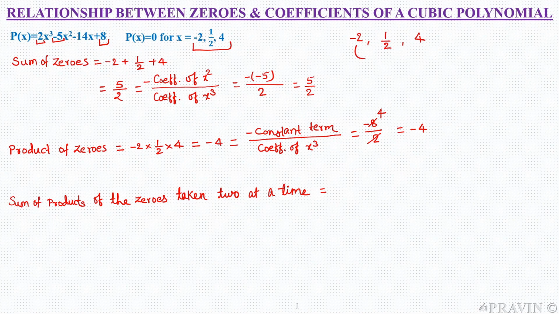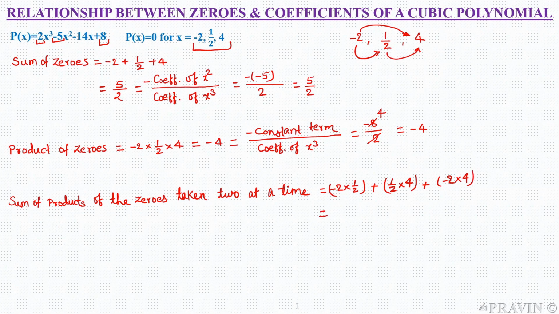So first multiply this −2 with 1/2, then multiply this 1/2 with 4, and again multiply −2 with this 4, and sum all these products. So −2 × 1/2, plus 1/2 × 4, plus −2 × 4.